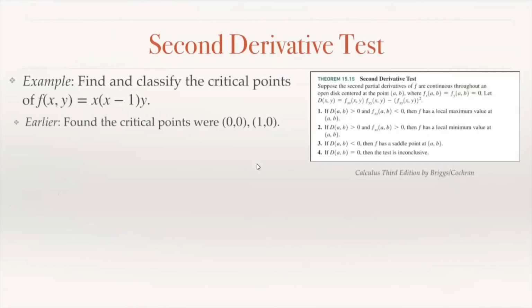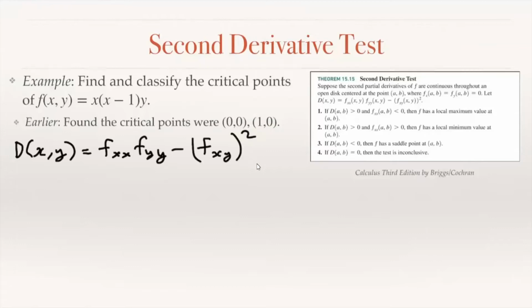So let's do an example. Let's find and classify the critical points of this. Okay, so earlier we found that the critical points were (0, 0) and (1, 0). And now we find D of x, y. D of x, y is f sub xx times f sub yy, minus f sub xy squared. So we compute those.